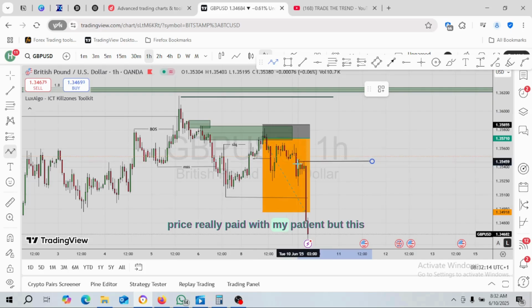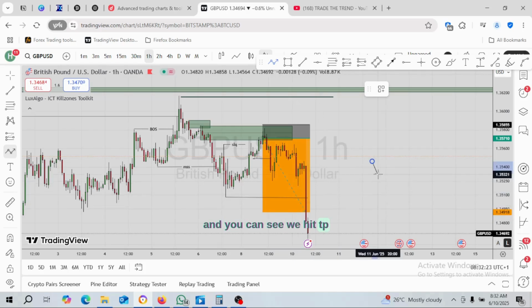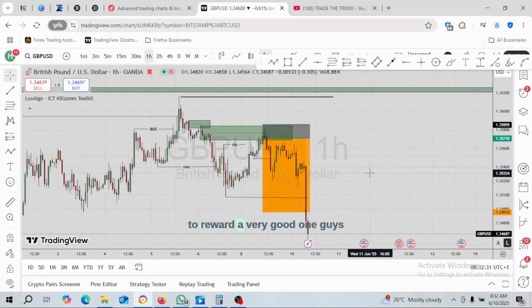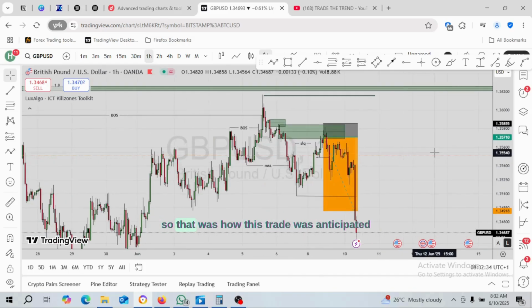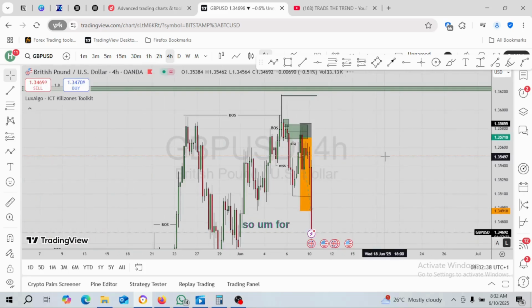Price really played with my patience, but this morning in the Asian session, you can see we hit TP already, 5.46, which is a very good one, guys. So that was how this trade was anticipated and executed.